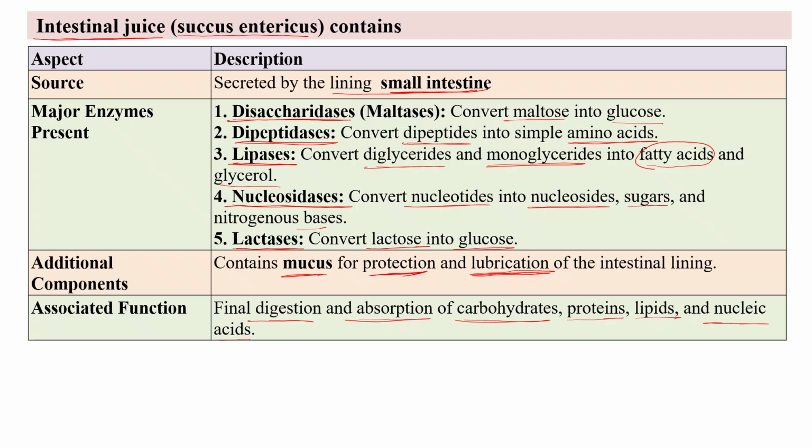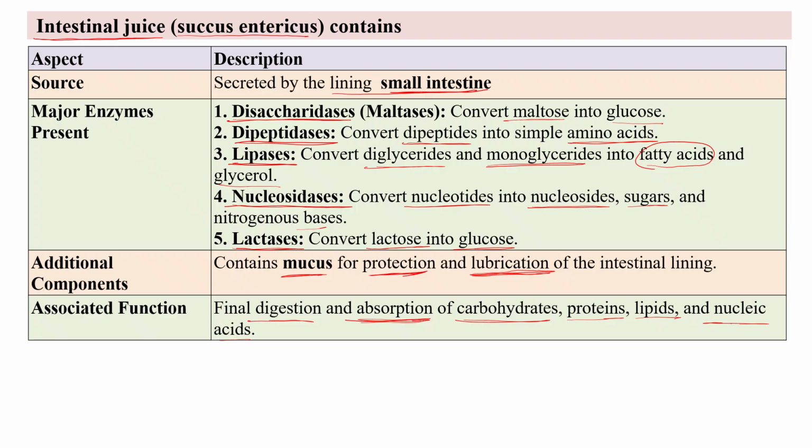So we had started with ingestion when we have taken food through the mouth. Then we were discussing the various processes of digestion, and then in the small intestine absorption took place. So we have covered ingestion, digestion and absorption so far.